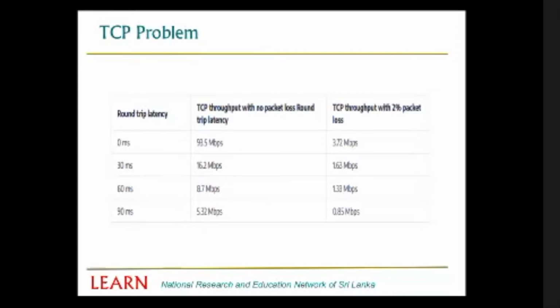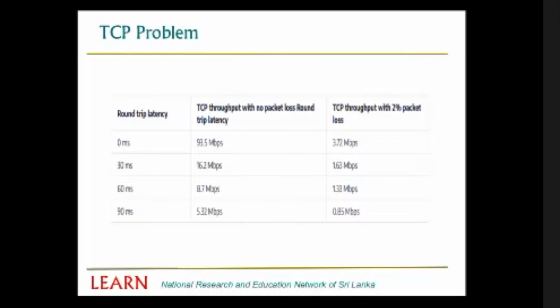With nearly 0 millisecond latency and no packet loss, you can have 93.5 Mbps. But with only 2% packet loss, you can have 3.72 Mbps. That's very low compared to this one. See how much packet loss affects the bandwidth.